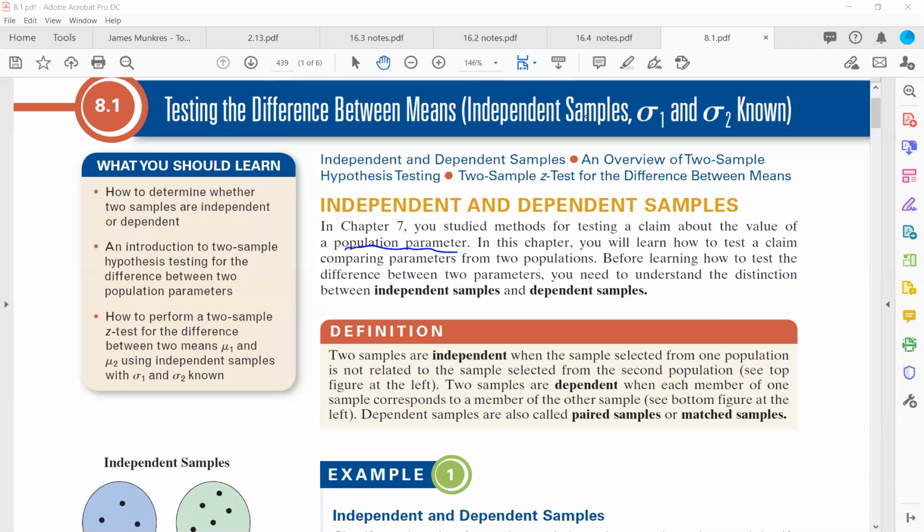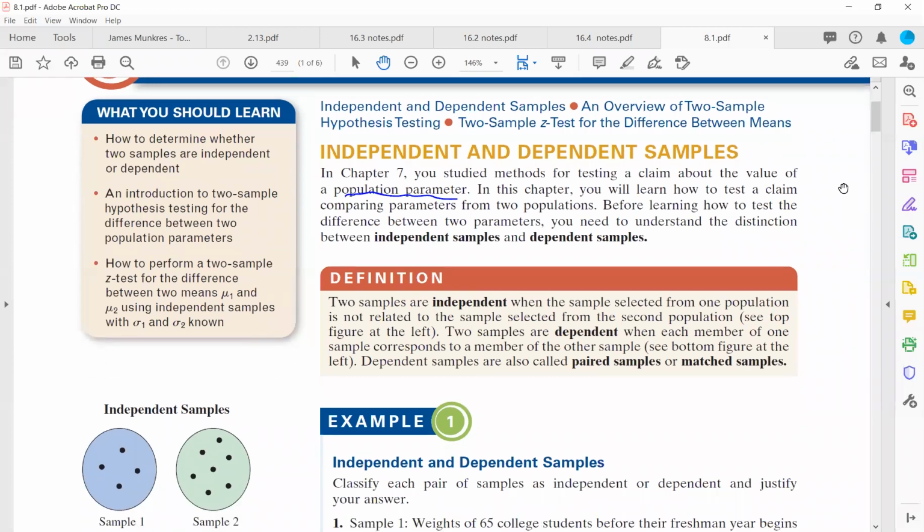Very well. We're going to talk about types of samples. Definition. Two samples are independent when the sample selected from one population is not related to the sample selected from the second population.